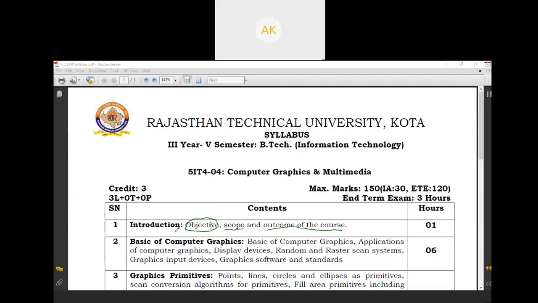Why are we studying this subject in this semester? What is the scope of this subject, and what are its outcomes? One hour is given for just the introduction of this subject. So let's see what the objective of this course is.